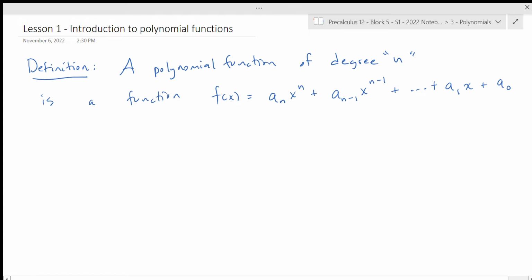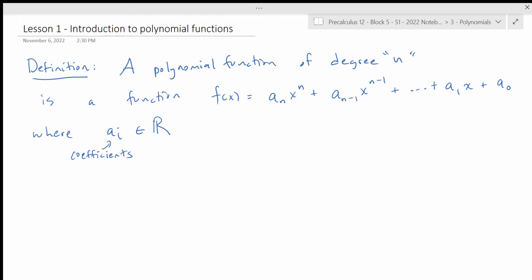Okay, so what do all these variables mean? Well, the a sub i, so the a's with a subscript, these are your coefficients. And so these coefficients need to be real numbers.